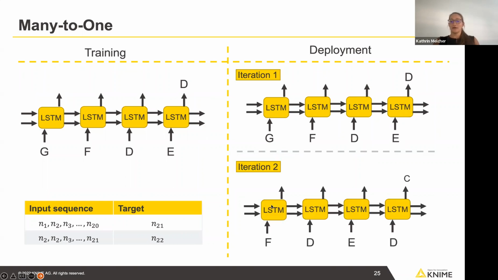Then in the second iteration, we would start again with just some initialized hidden states, just zeros, for example, and we would leave out the first tone from the first iteration, but add to the end of the input sequence the last predicted tone. In this way, we could then over and over apply the model to generate some music.